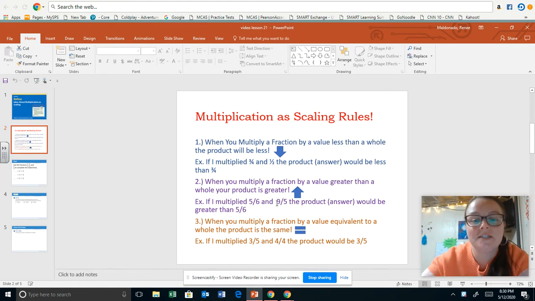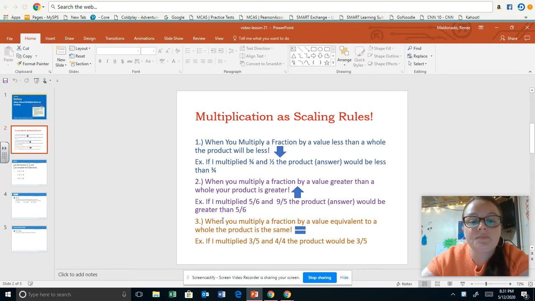That's right, it's an improper fraction because my numerator on top is greater. So my product is going to be greater than what I started with. My answer, if I multiply these two, is going to be larger. 9/5 is greater than a whole, so if I multiply that by 5/6, my answer will go up. It's going to increase.